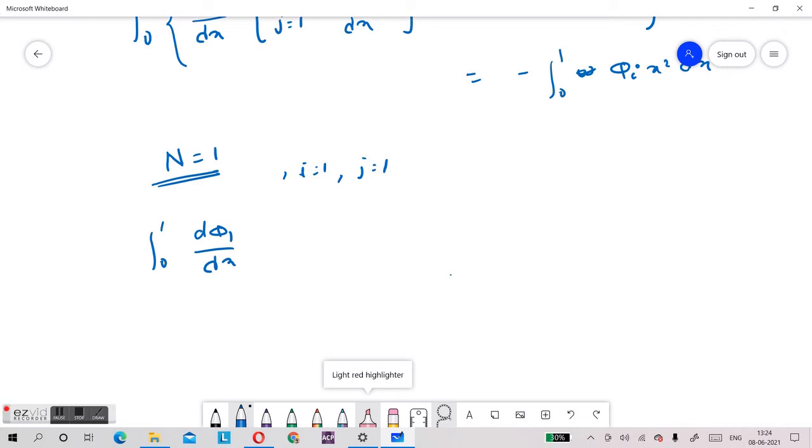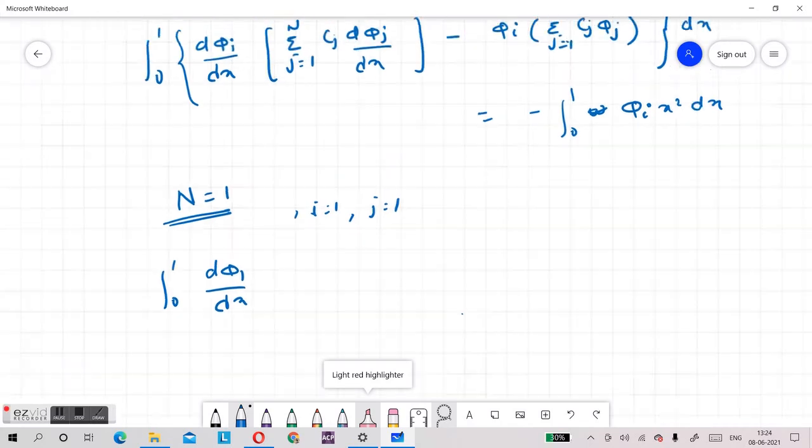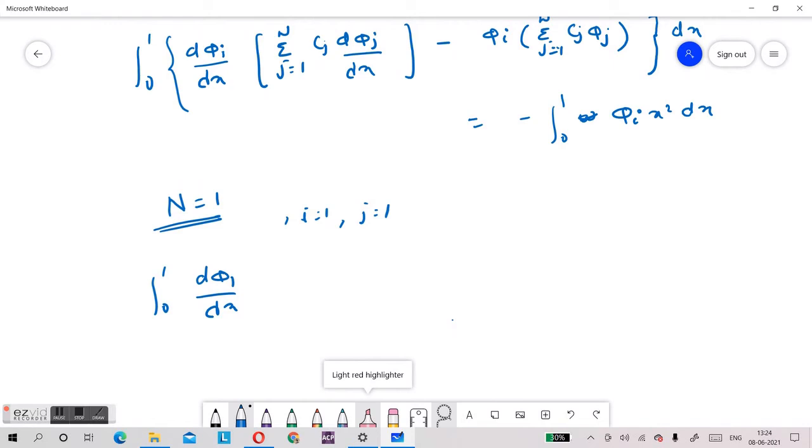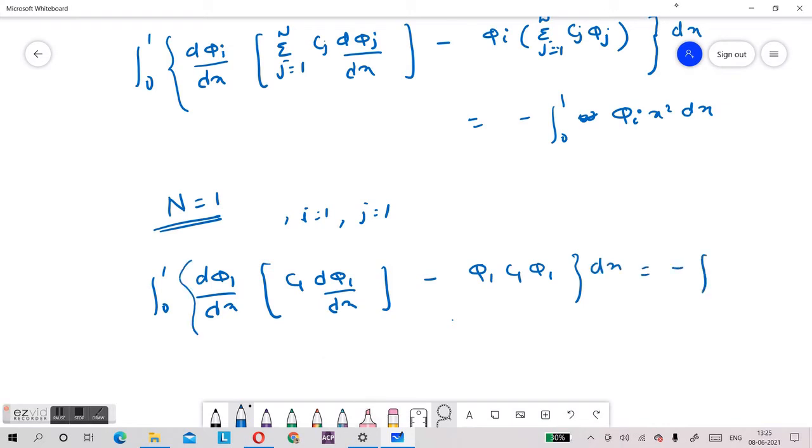So d phi 1 over dx, then c1 d phi 1 over dx again, and minus phi 1 c1 phi 1, whole term dx, equals minus the integral from 0 to 1 of phi 1 x squared dx. We have already written the value of phi 1. What was phi 1?